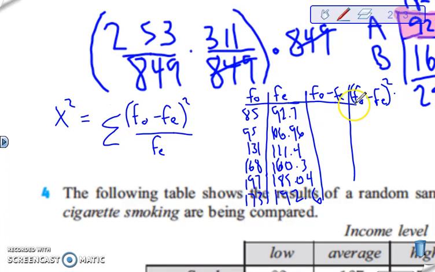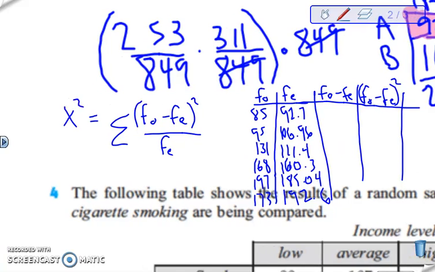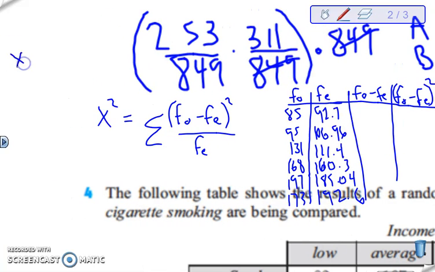And then create another list where you divide the previous list by FE. And then use your calculator again to get the total. So if you do that, you should get this.